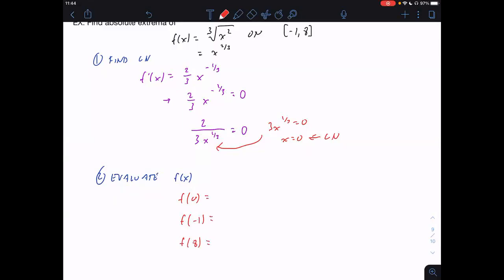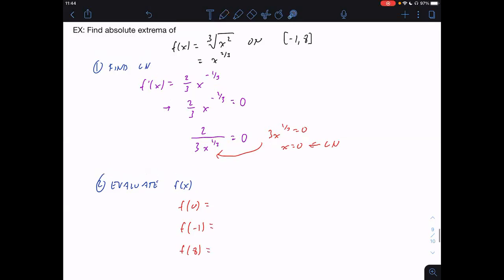Again, not the first derivative, the original function here. All right, so cube root of 0 squared, that's going to be cube root of 0, which is just 0. Cube root of negative 1 squared, negative 1 squared is positive 1, cube root of 1 is just 1.